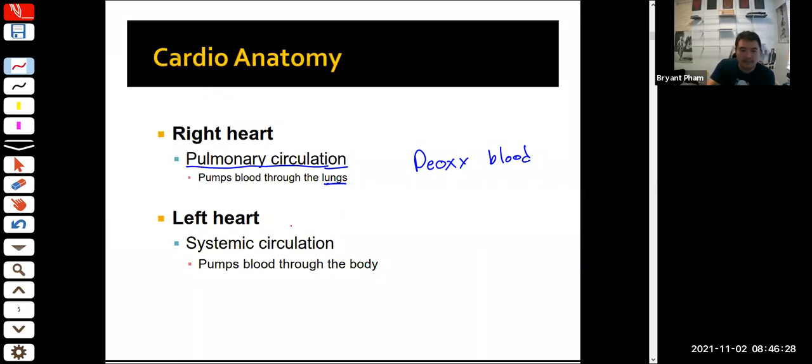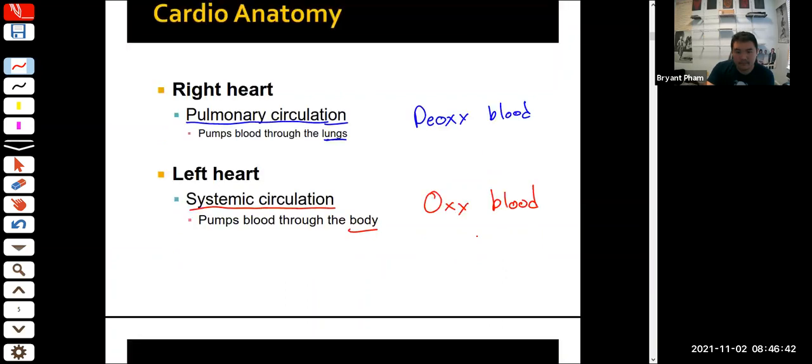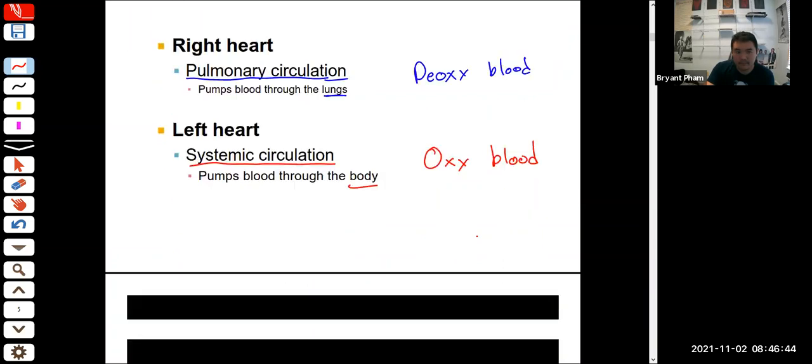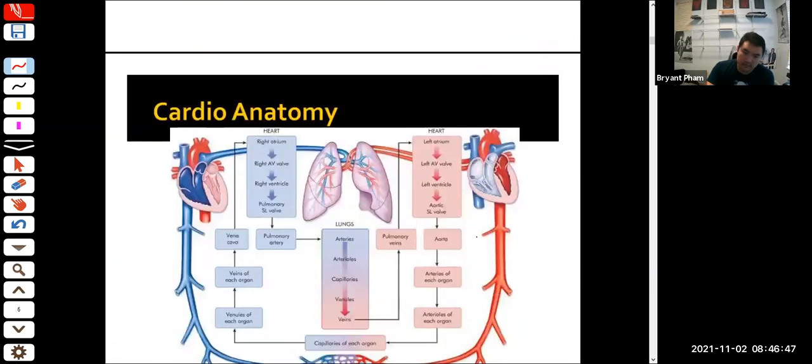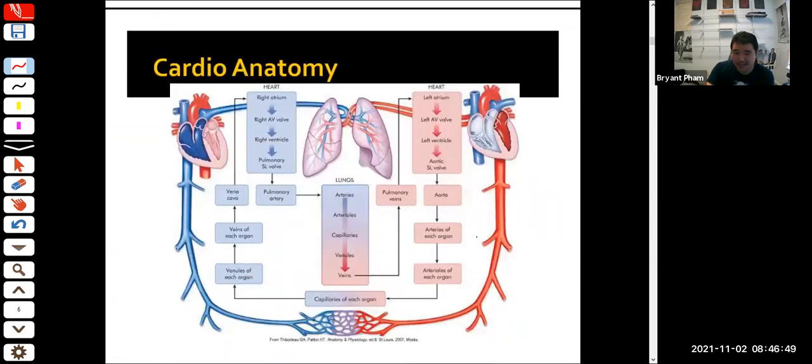Therefore, on the left side, systemic, that's going to be oxy blood. So here's a nice little flow chart. I don't actually like this flow chart. Some people do, some people don't. Up to you.